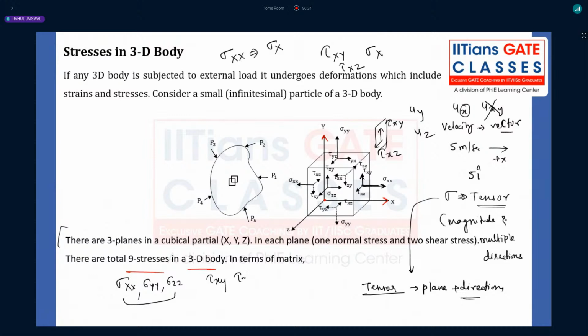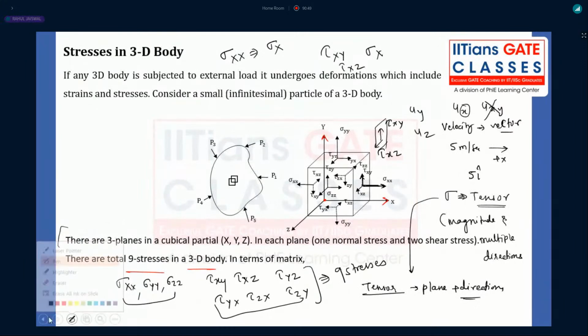Tau xy, tau xz, tau yx, tau zx, and then tau yz and tau zy. These 6 shear stress components and 3 normal stress components together constitute 9 stress components. Getting my point?